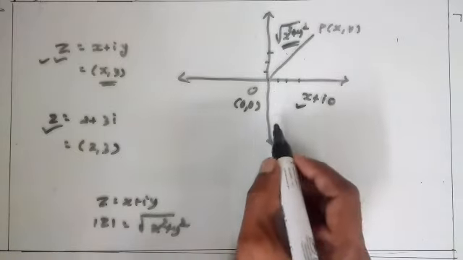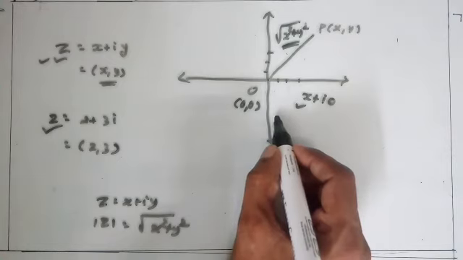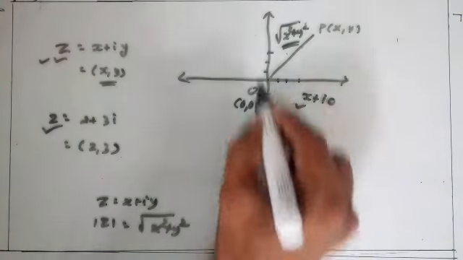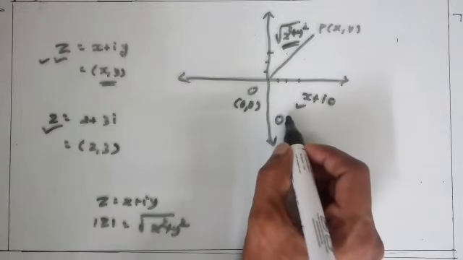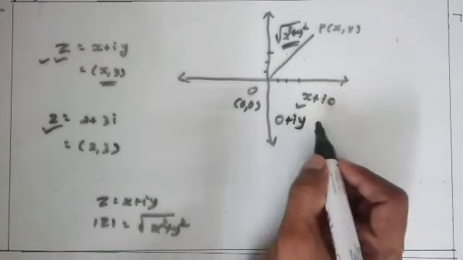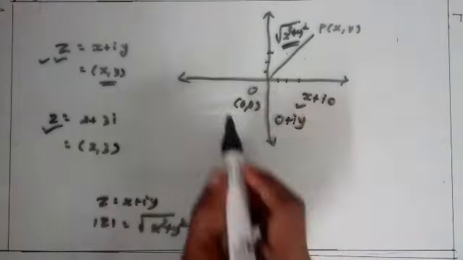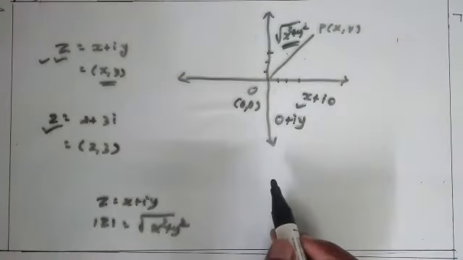Similarly, every point on the y-axis has x coordinate 0. So every point on the y-axis is of the form 0 + iy. So the y-axis is called the imaginary axis. The x-axis is the real axis, the y-axis is the imaginary axis. Clear?